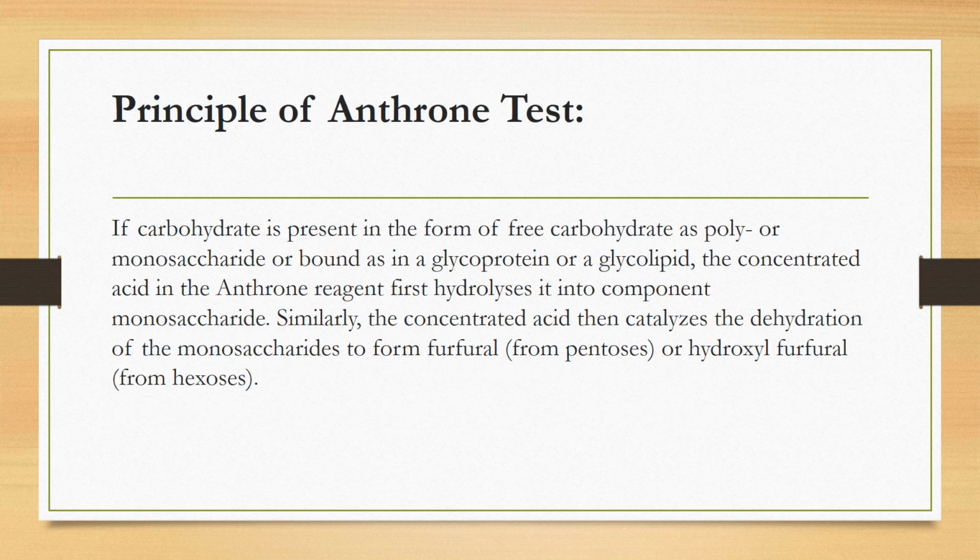The principle of Anthrone test: if carbohydrate is present in the form of free carbohydrate as poly or monosaccharides, or also bound as in glycoproteins or glycolipids, the concentrated acid in the Anthrone reagent first hydrolyzes it into component monosaccharides.